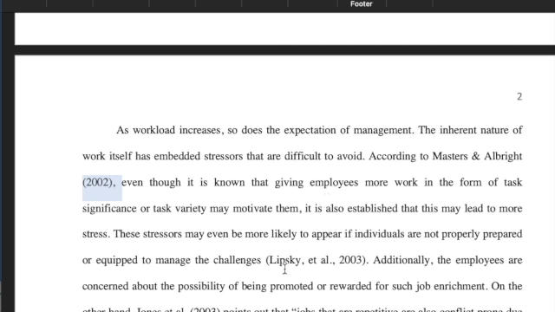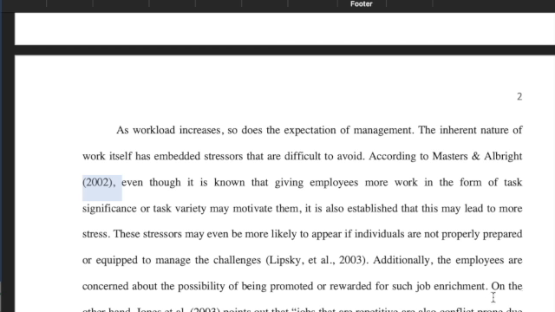You put both the author name and the year in parentheses. However, because you have multiple authors, more than 3 authors, you are required to put the name of the first one listed and then et al., period, comma, and then the year, right?